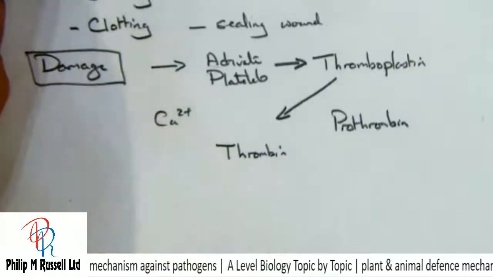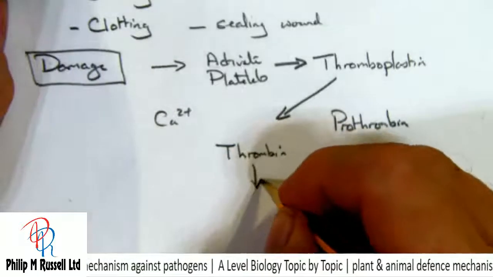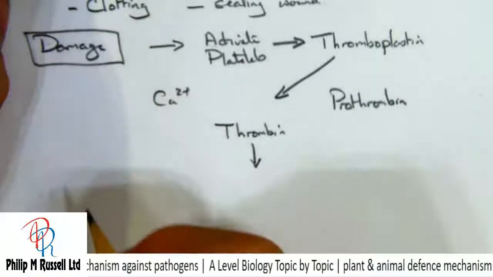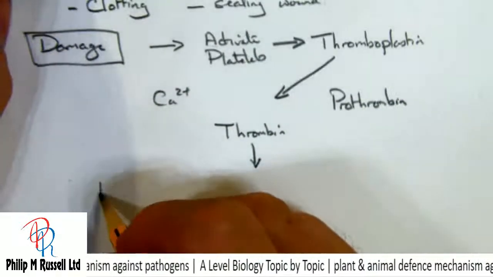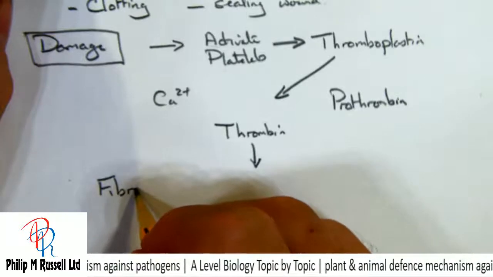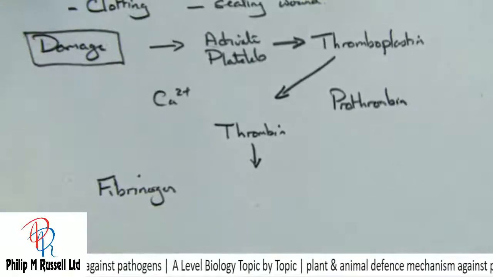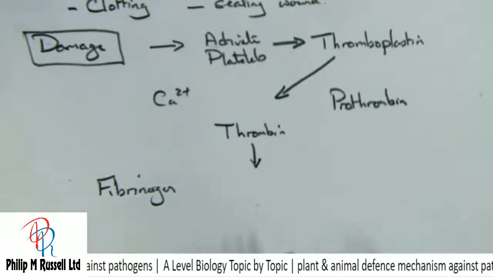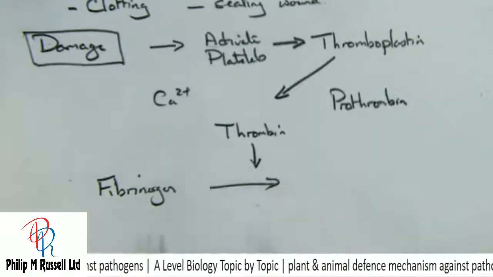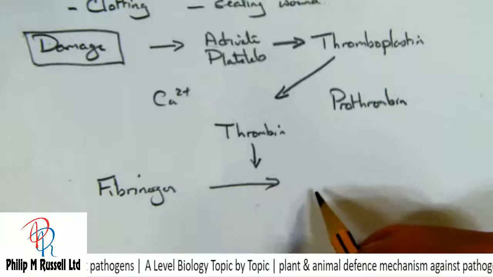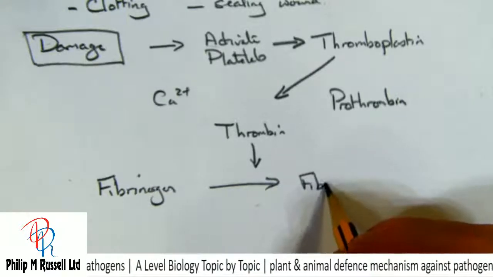Then the thrombin is going to take fibrinogen, which is a soluble chemical, and catalyze that, and that's going to make fibrin.